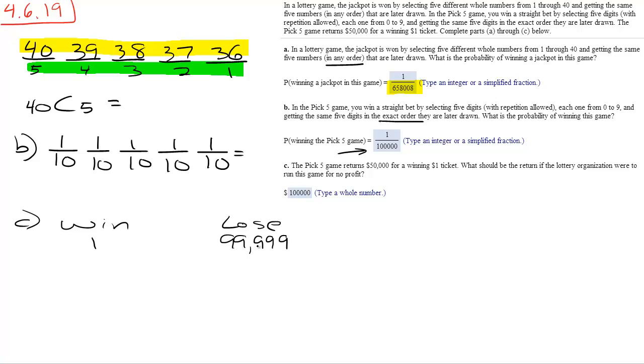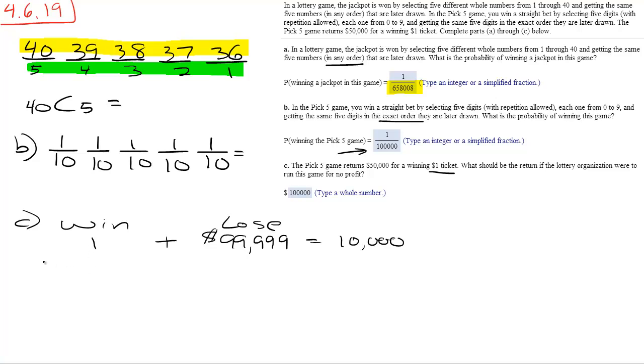Because those add up to all 100,000. When you lose $1 each time. They told you to pay $1 for a ticket. So that means you've lost this much money.